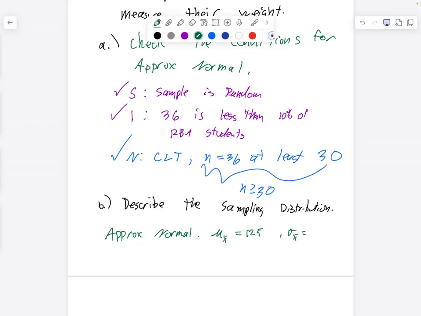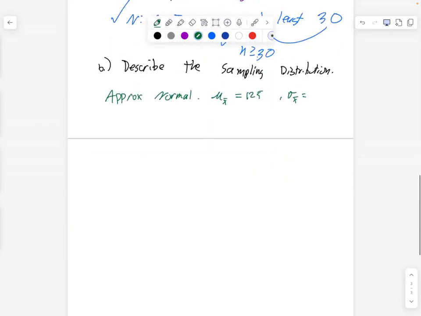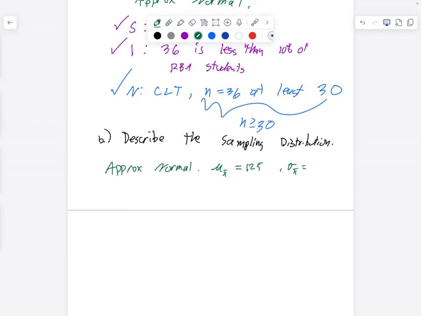Which gives me 3.33. Not 20, 3.33 is the correct answer. Okay? C, last question.